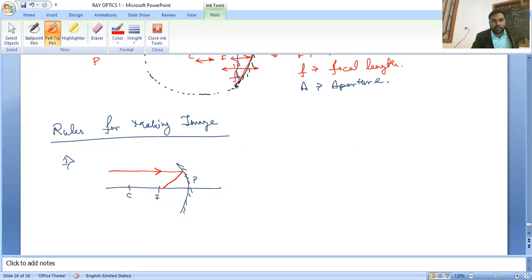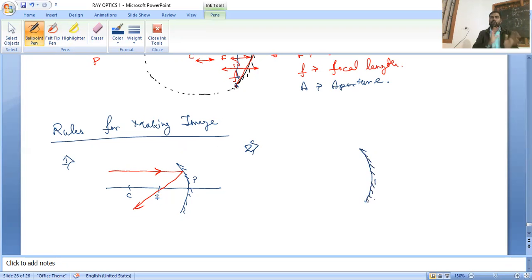If a ray is coming parallel to the principal axis, it will pass through the focus after reflection. Rule 1. Now go to rule number 2. Again, we are making a concave mirror.